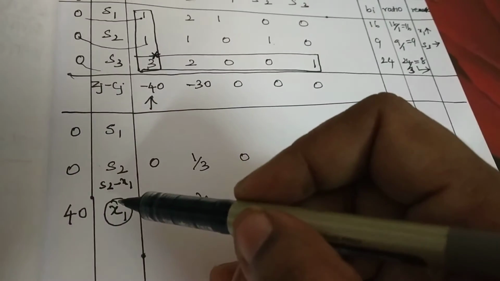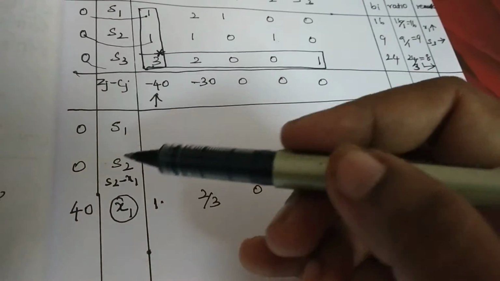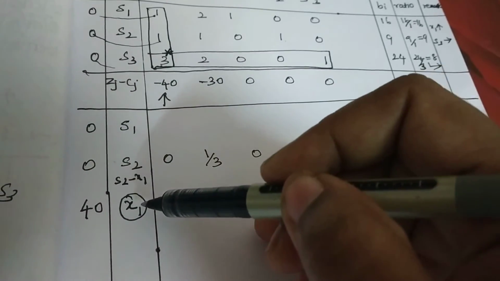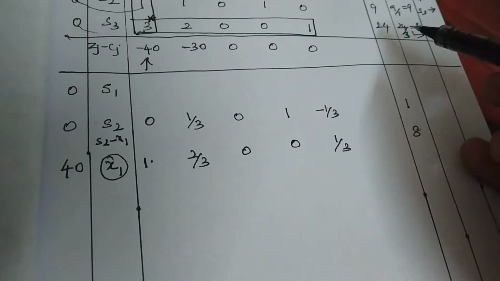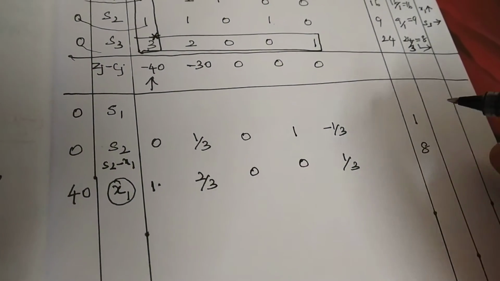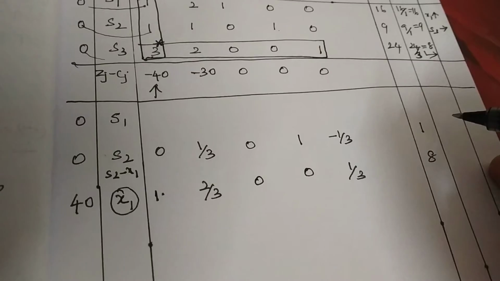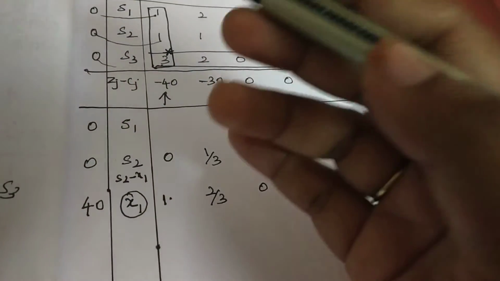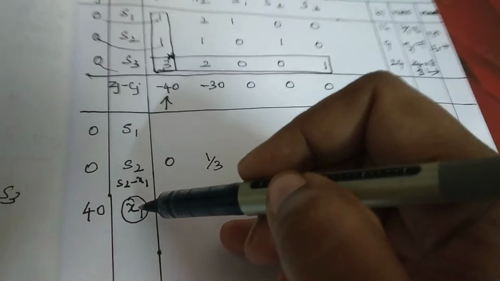If you subtract the other way, X1 minus S2, you will get 8 minus 9, which is equal to minus 1. That is a wrong value. So always S2 minus X1 only.